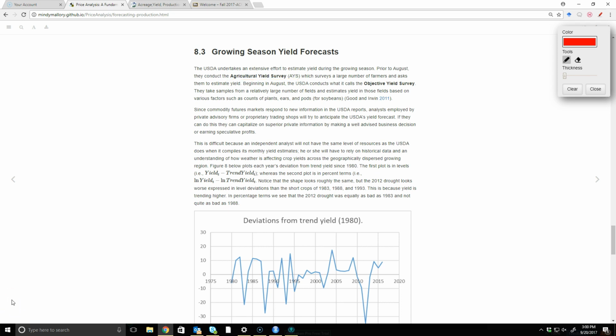So we've talked several times in this class about how commodity markets really respond to important USDA reports, particularly the production reports that are released in conjunction with the WASDE report. And because of that, there's developed this cottage industry of private analysts or private proprietary trading shops trying to anticipate what the yield forecast would be.